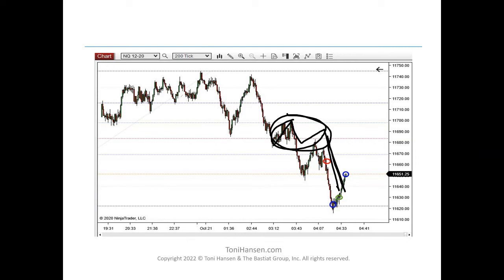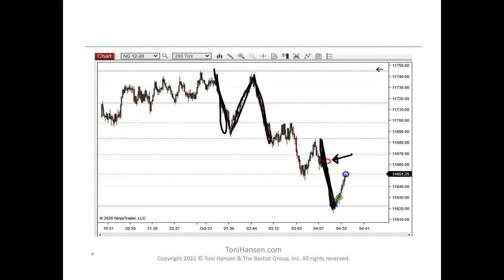Now that exit zone that I took, and then ultimately I ended up flipping it, was because I'm looking at this main impulse move down here. So my entry is in that upper third of that impulse move where I'm making a comparison to these previous impulse moves here.